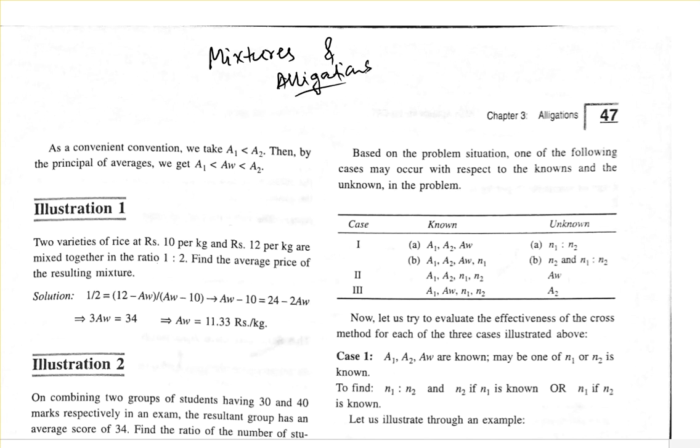In this chapter, we find out the questions like two or three things are mixed in the given ratio, and what will be the price of the new mixture obtained when the ratio is given and the price of all the ingredients per kg are known. These are the basic questions of this chapter, which are easy, but later on you get difficult questions also.